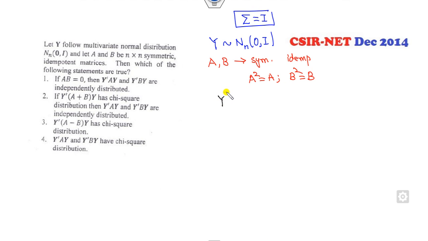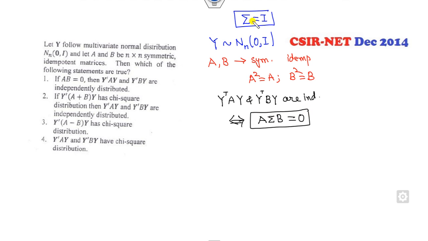Okay, so as I told you, this and this are independent if and only if A sigma B should be 0. Fine. So what is the sigma in this case? This is the I. So once this is I, this implies AB is equal to 0. So if AB is equal to 0, then because this is an if and only if result, this holds.